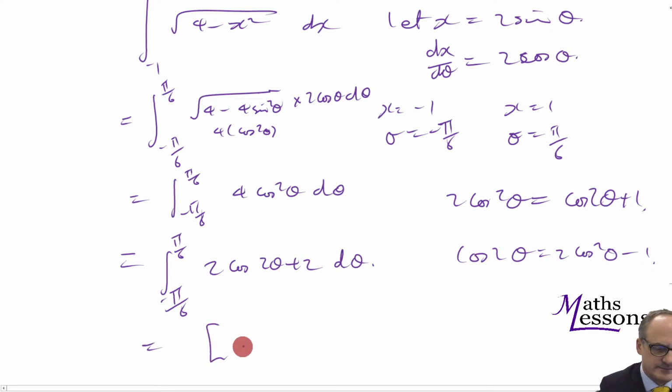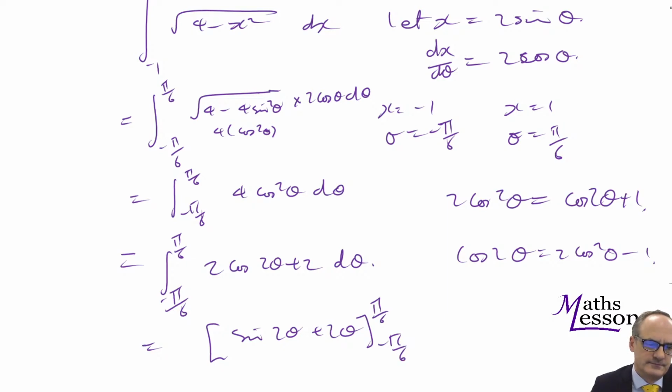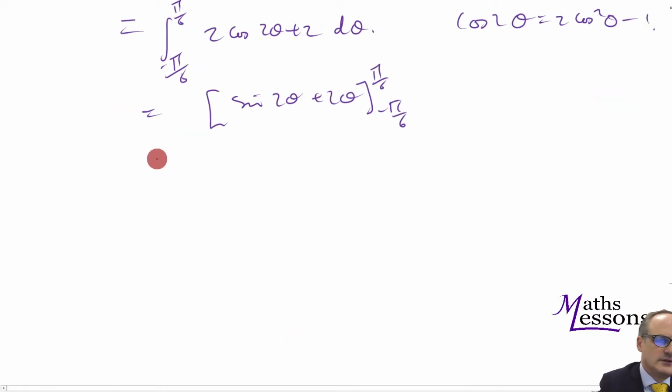Integrate that. 2 cos 2 theta will come from sine 2 theta. The 2 will come from 2 theta. And then we're just going to put our limits in. So what have we got here? Put our limits in, put pi by 6 into here, get pi by 3. Sine of pi by 3 is root 3 over 2.